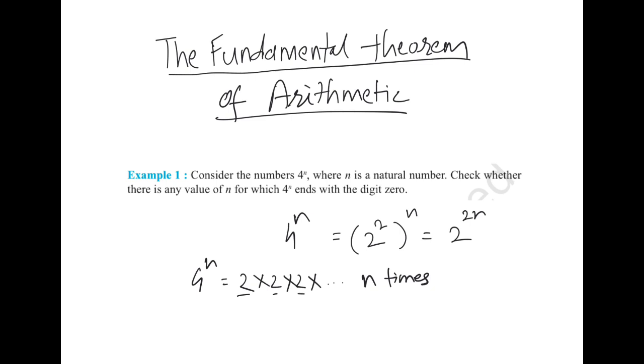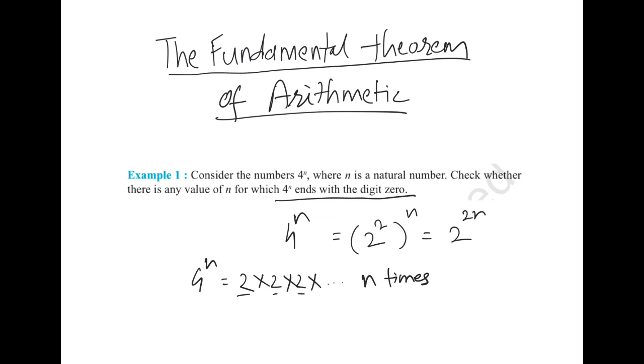Another conclusion that we can draw from this is that there is no 5 in the factors of 4 raised to n, right? It is only 2. There is no 5, 7, 8, any other number. There is only 2. But 5 is important because it is asking whether the digit ends with 0. And if a number is ending with 0, it has to be divisible by 5, which means 5 should come as one of the factors of that number.